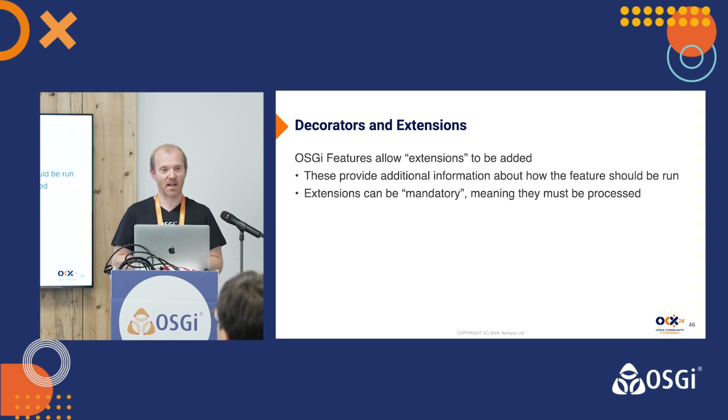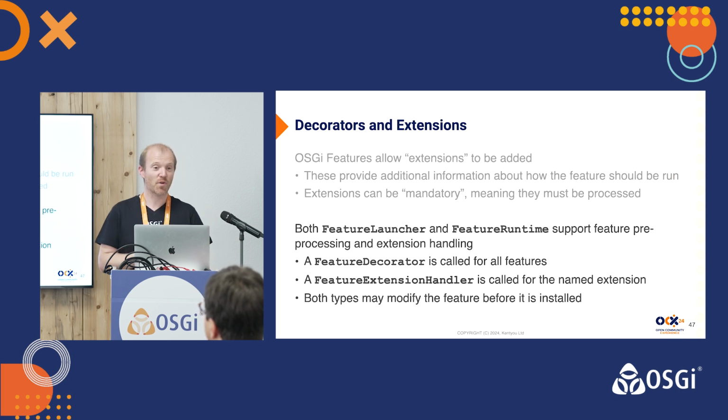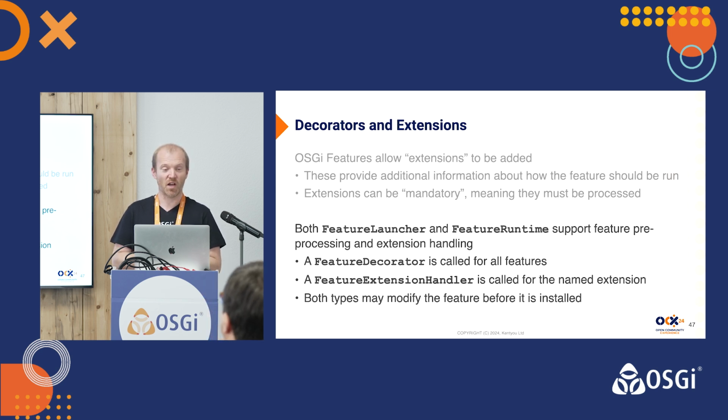If an extension is mandatory, it means that there must be something that processes it. And if there is not, then you must fail to do anything with the feature because you don't fully understand what it is. There are some pre-processing and extension handling parts of Feature Launcher and Feature Runtime already.